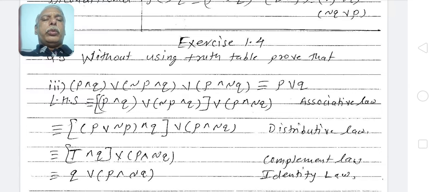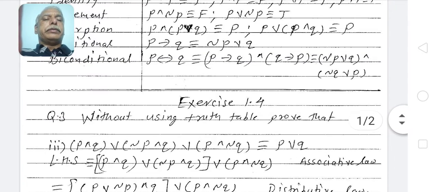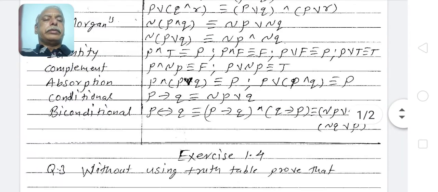Now P or negation P, we have just seen that anything or its negation is T. This is the complement law, second part, right?